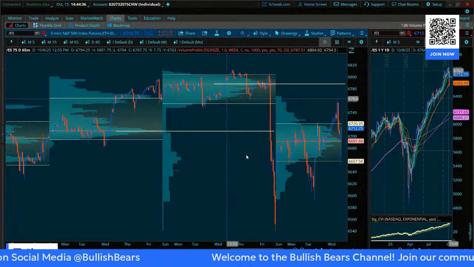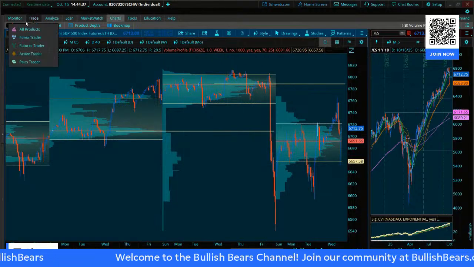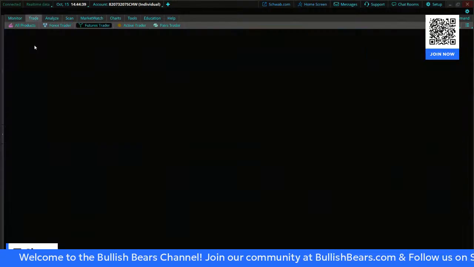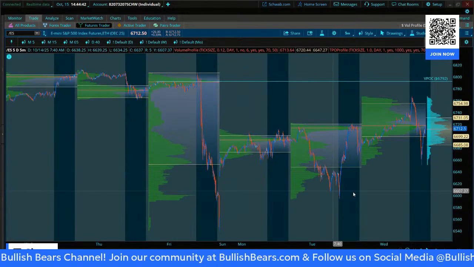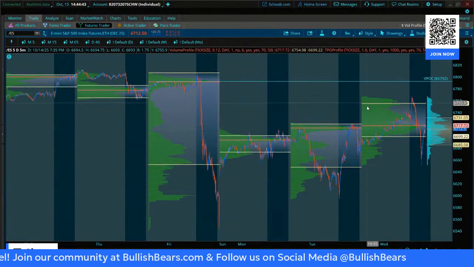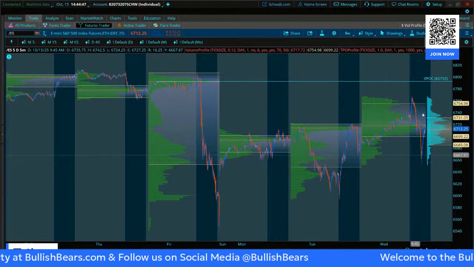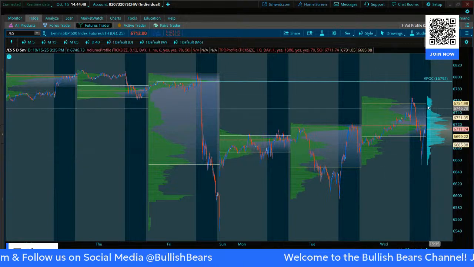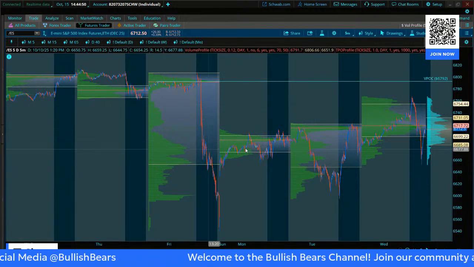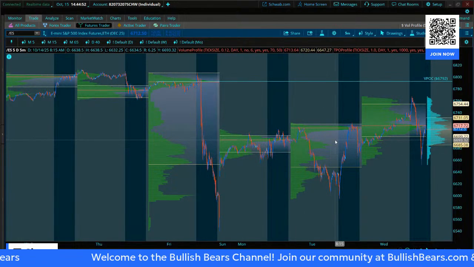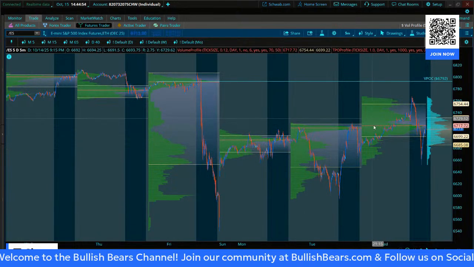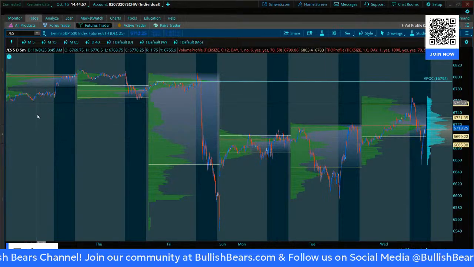So right now, what we've been looking at is just a volume profile. Here, we're looking at a volume profile in green and the TPO profile in blue. Now, because of the restrictions that Thinkorswim has, the volume profile looks back over all these days.